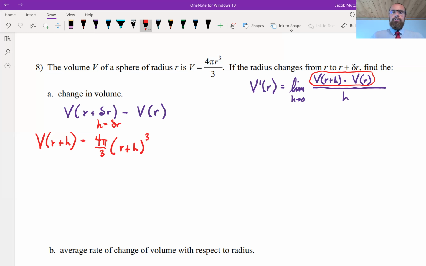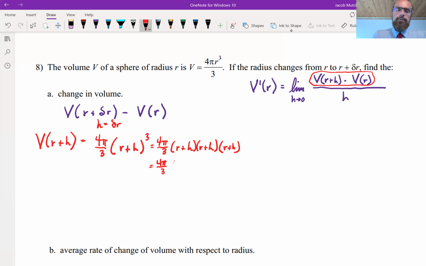At this stage, I want to expand that and finish that algebra here. So my next step is going to be to expand r plus h and to show those 3 binomials. So this is 4 pi over 3 times r plus h thrice. So I'll expand it so we can see it. Now I want to distribute all that out and have just a simple polynomial. So now what I've got is 4 pi over 3.